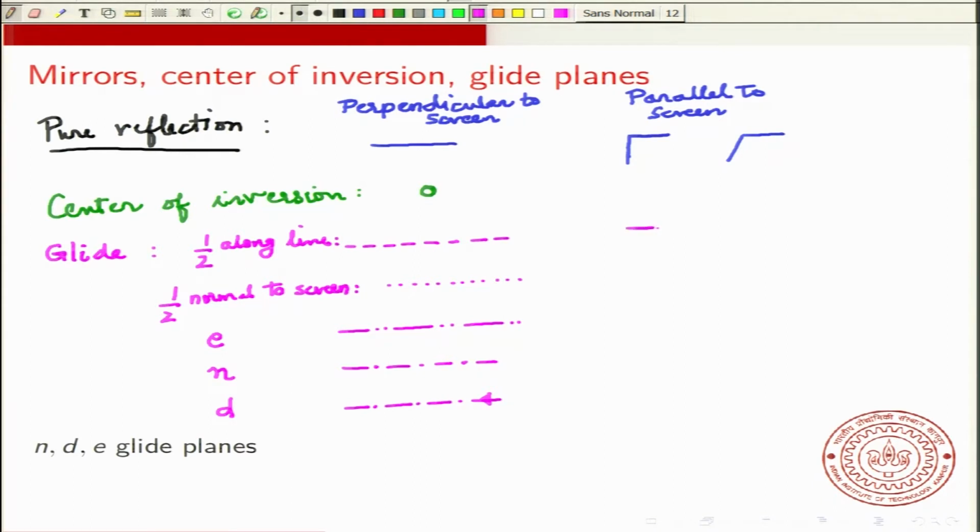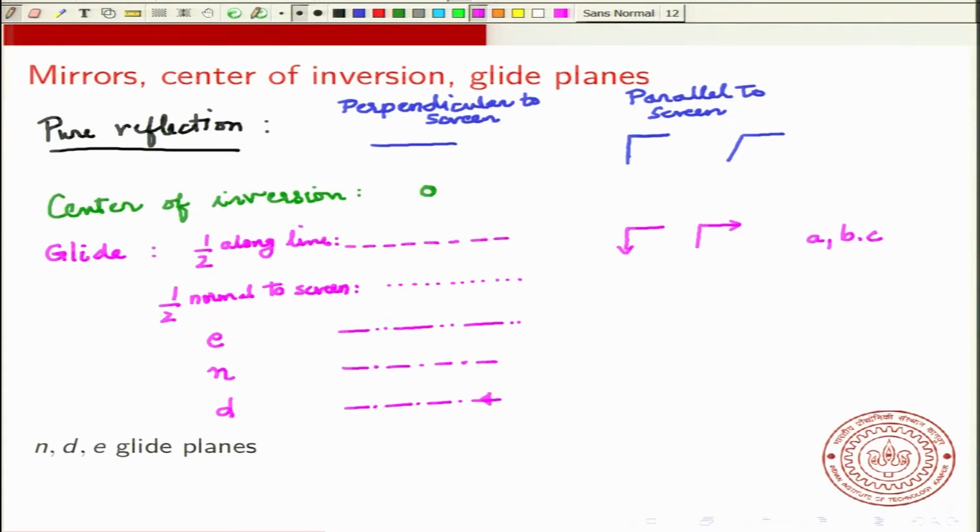For example, if the direction of translation is along this axis, it could be A or C, or you could have a glide plane where the direction is along some other axis that is shown. So the arrow shows the direction of the translation. This could be A, B, or C.